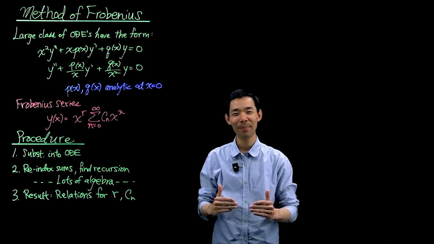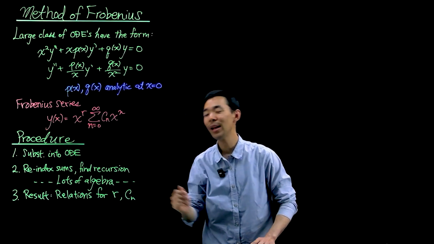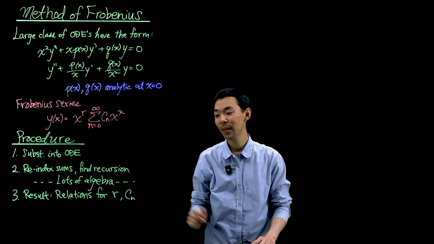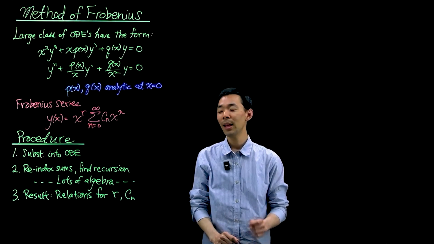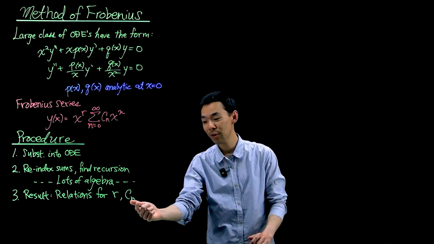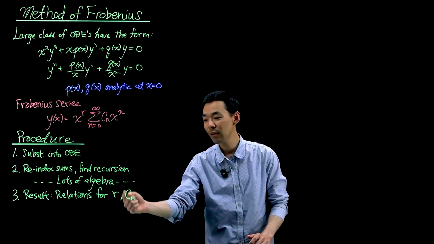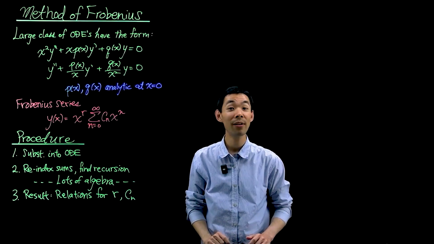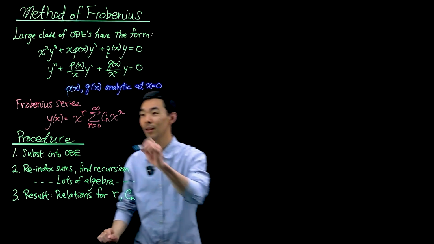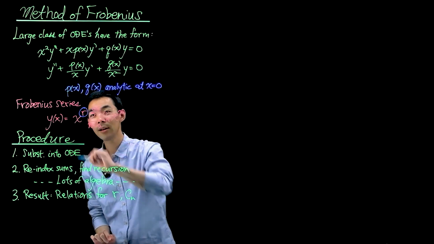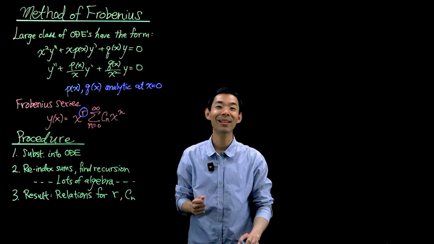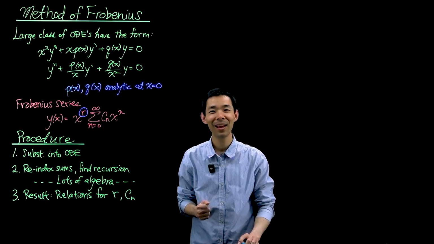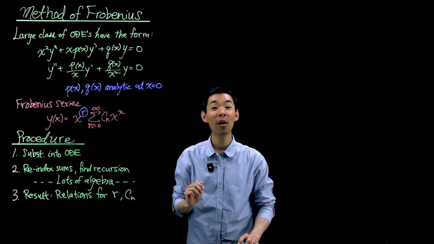The end of that procedure gives you a relationship for r and c sub n, the usual recursion relationship. In addition to the usual recursion relationship for c sub n, you find another equation that will tell you the value of r, which is this exponent right here, the prefactor that allows us to remove that point of singularity at x equal to 0, the origin. And now the equation for r looks like this.